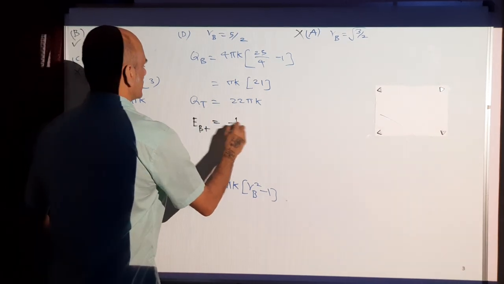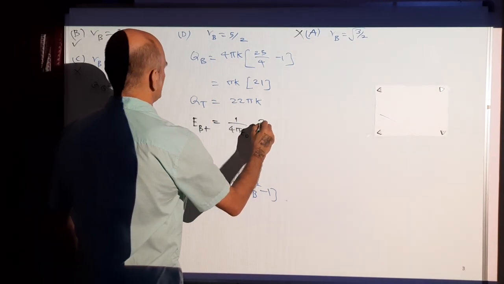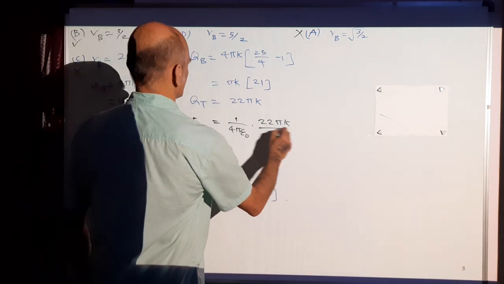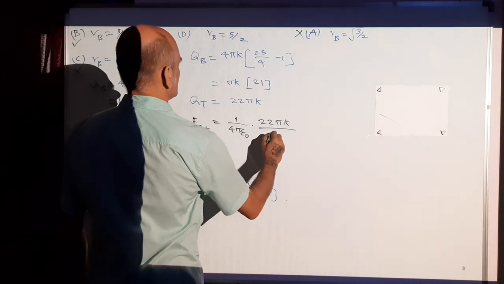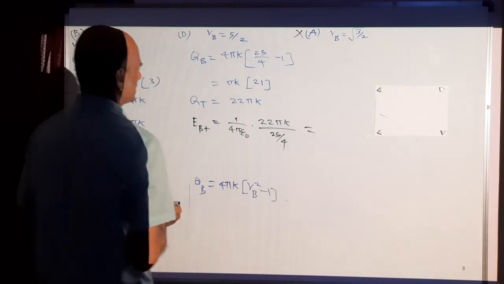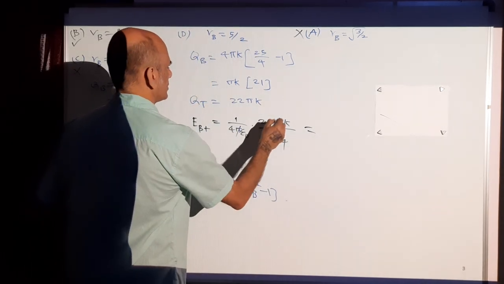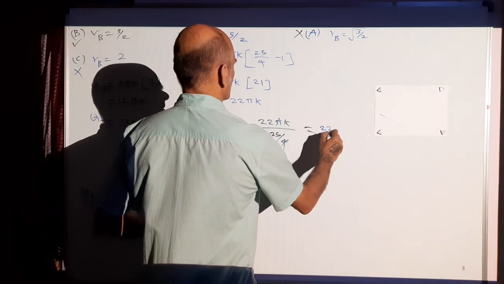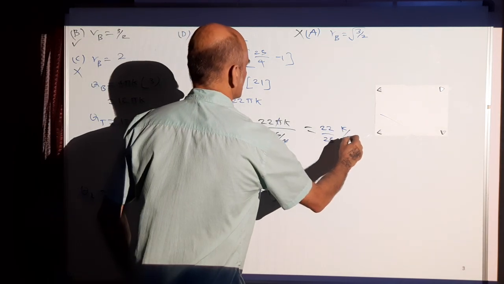So 1 by 4 pi epsilon naught, the point charge is 22 pi k, by the distance square, that is RB square, that is 25 by 4. So pi and pi will cancel, 4 and 4 will cancel. So 22 by 25 k by epsilon.